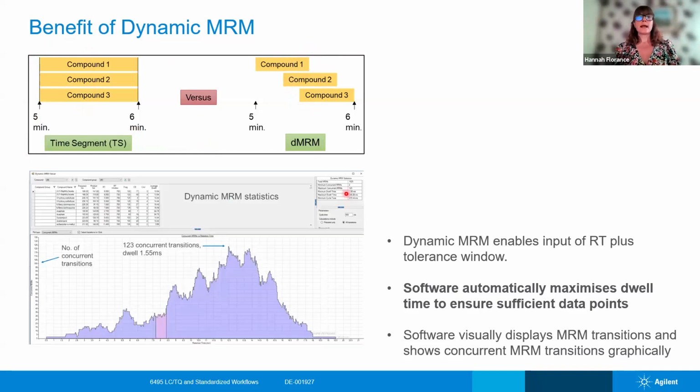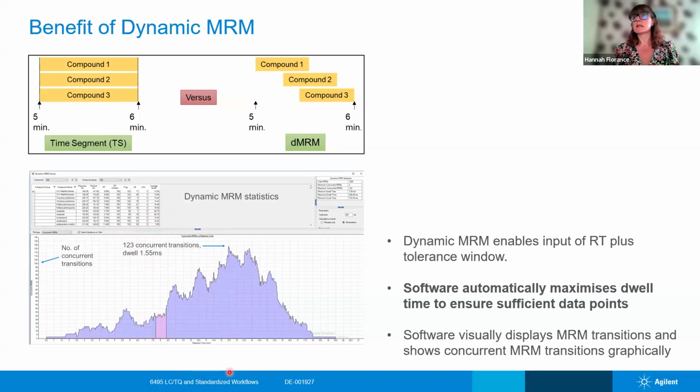What it actually looks like is this: when you input all of your transitions with your retention times and your retention time tolerance window, the software will optimize the dwell times for all of your transitions. So in this example, you've got 123 concurrent transitions, and it will maximize those so that you have a dwell time of 1.55 milliseconds.